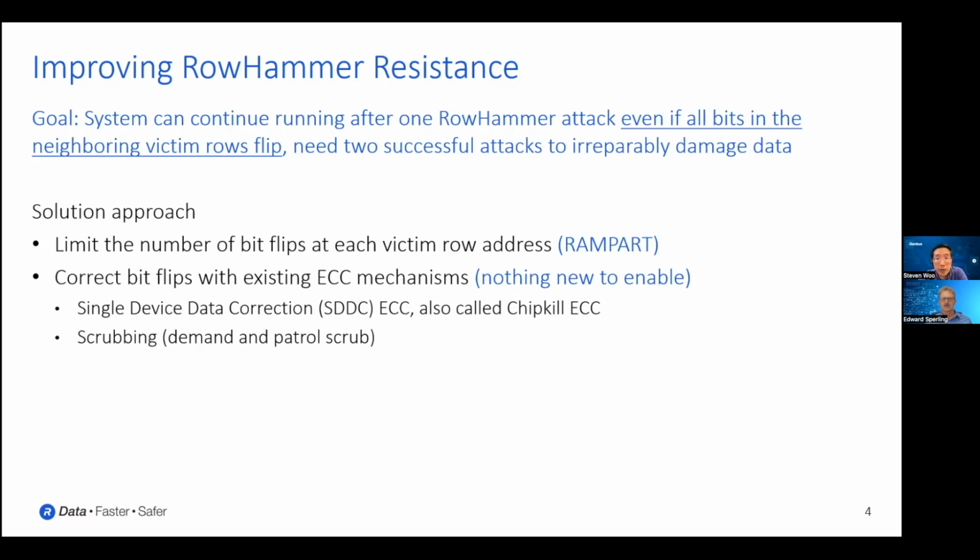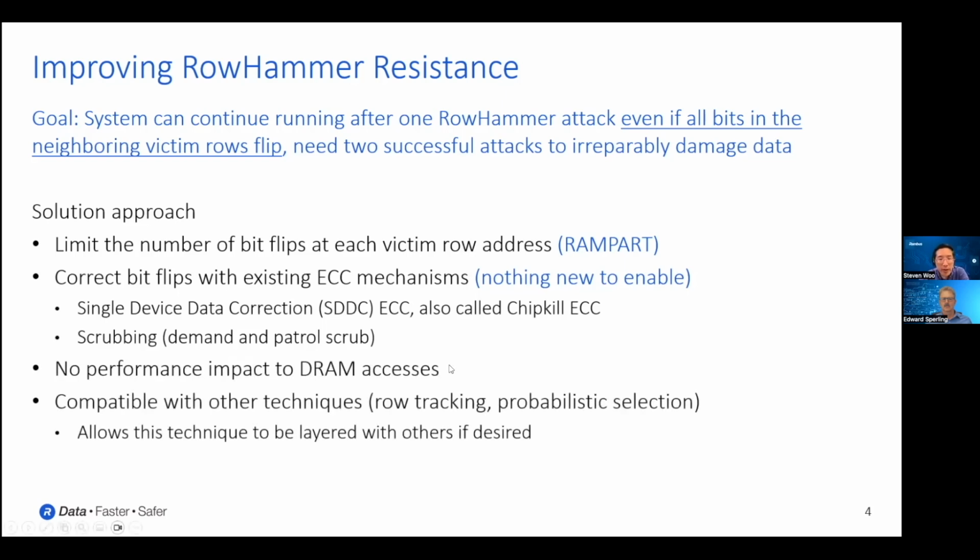The other thing that servers do is scrubbing, where they periodically, maybe once to a few times a day, read all the locations in memory looking for errors, try to fix them, and write the data back into memory. So they'll repair any errors that have happened. Like I mentioned, there's no performance impact and no power impact to the DRAM accesses.